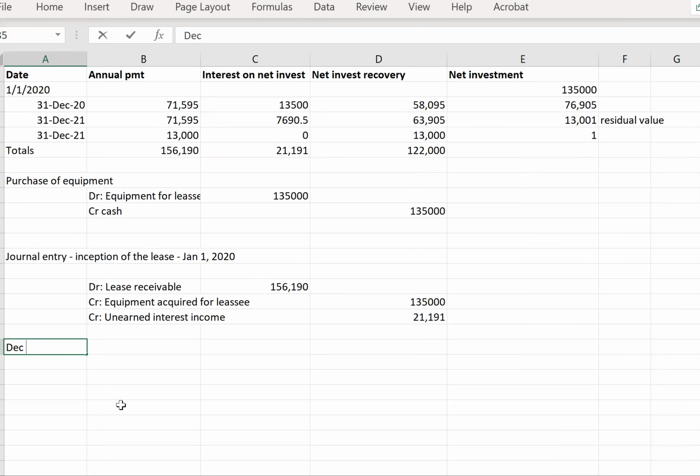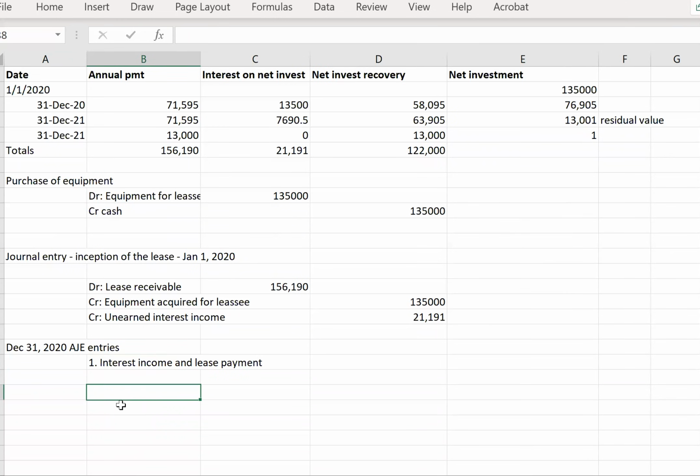Then we've got our December 31st, 2020 adjusting entries. So we're going to have one, which is going to be the lease payment and interest income.